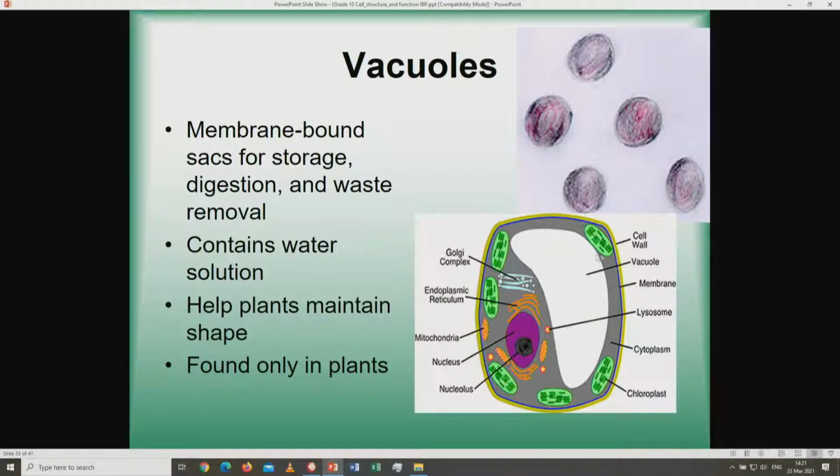The cytoplasm, the gray area, is there for the liquid, where everything takes place inside the cell. The chloroplast is there for the greenness, photosynthesis. The Golgi complex, digestion. The endoplasmic reticulum, do you see it forms a covering over the nucleus.